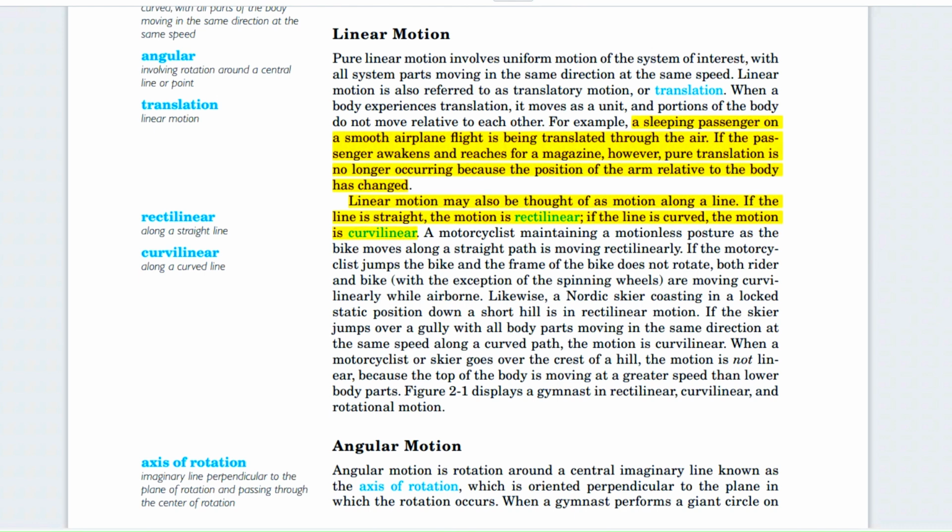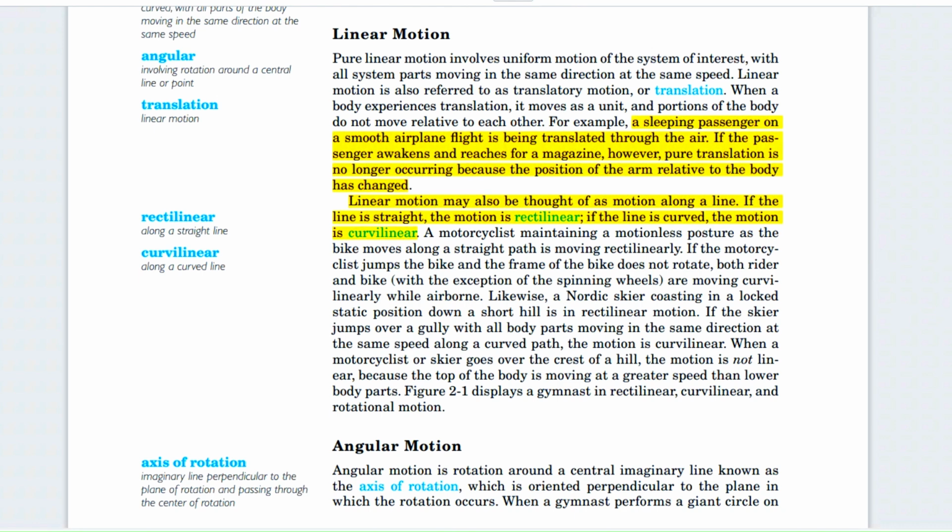So pure linear motion is no longer occurring because the position of the arm relative to the body has changed. When the person awakens and reaches for the magazine, pure translation is no longer occurring, because the position of the arm relative to the body before starting has now changed.